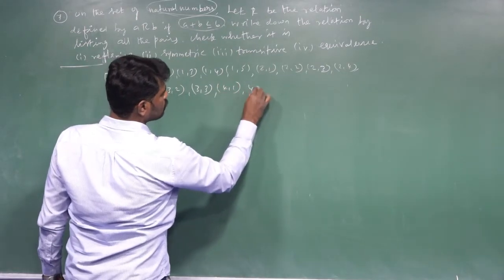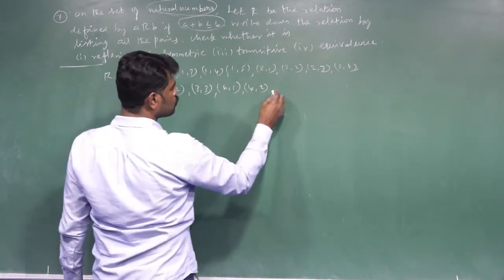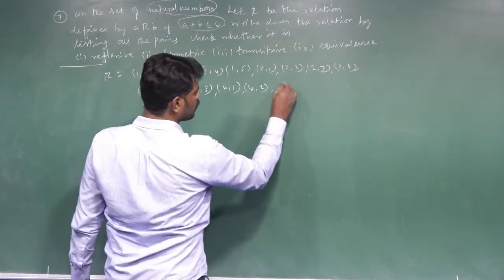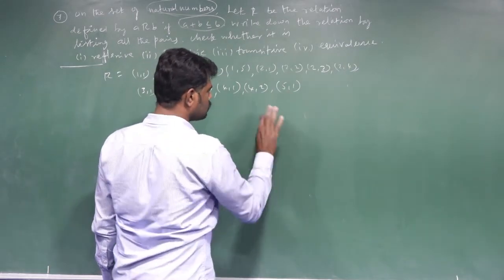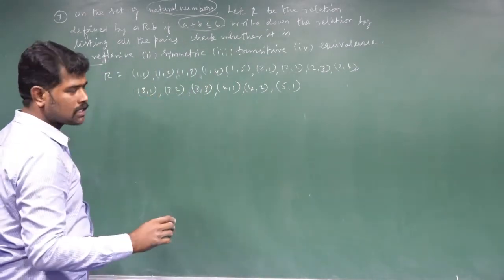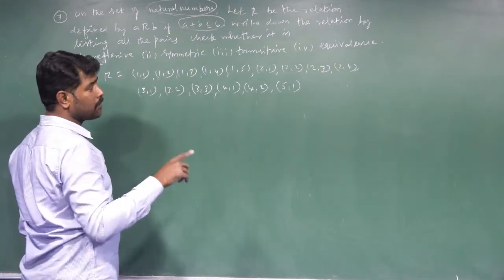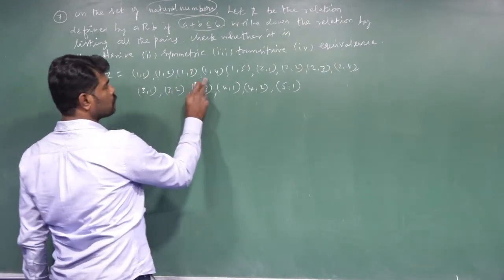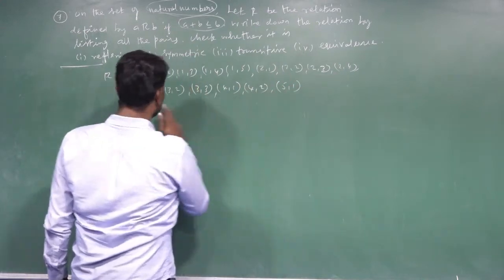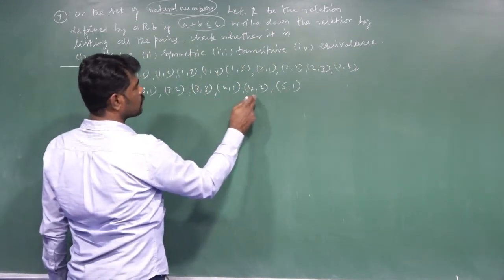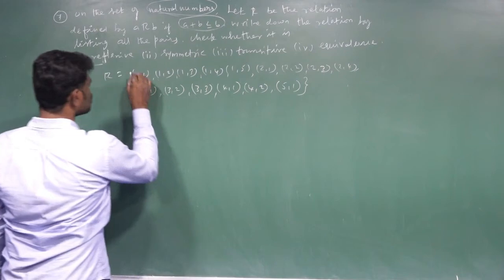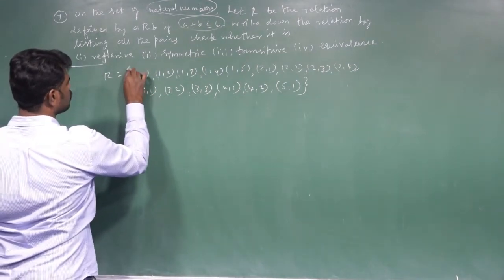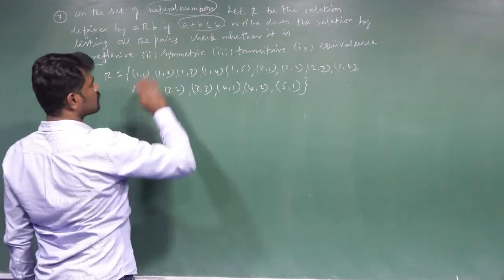Take 4 1, 4 2, 4 3 is not possible. Then 5 1, that's all. After this it is not possible. It should be 15 pairs. Check once: 1 2 3 4 5 6 7 8 9 10 11 12 13 14 15 pairs. This much only is possible, other pairs fail to satisfy this condition.